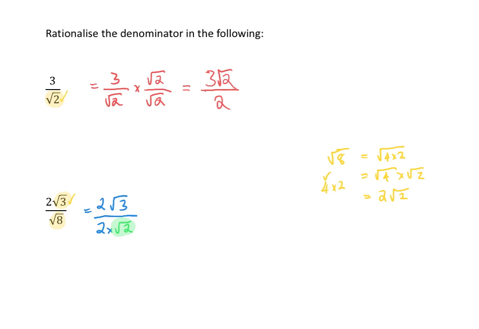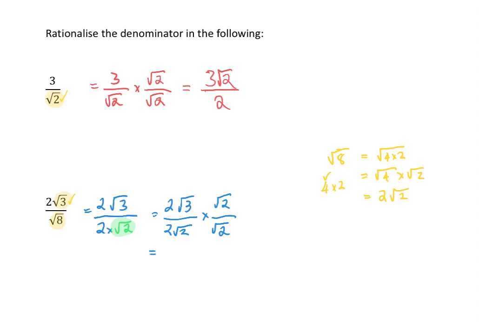So that is going to equal 2 times the square root of 3 over 2 times the square root of 2, and I'm going to times that by the square root of 2 over the square root of 2.